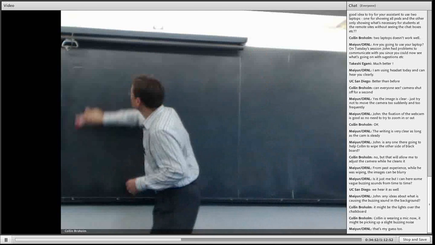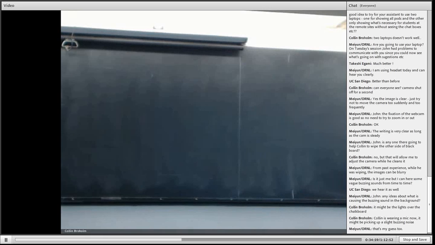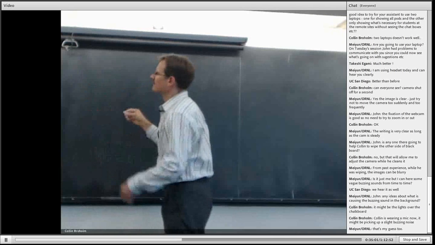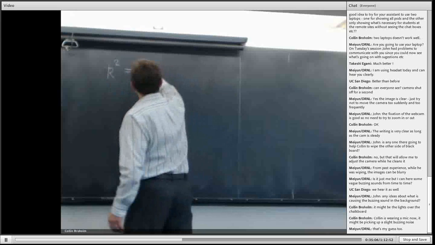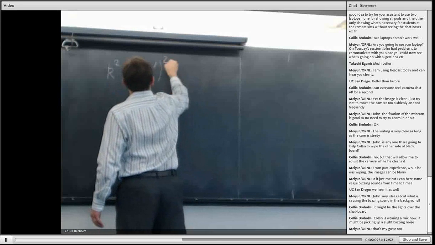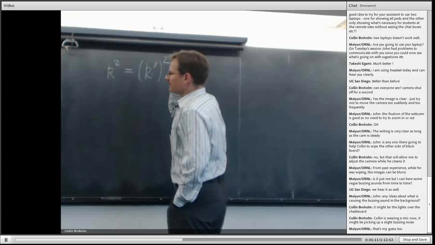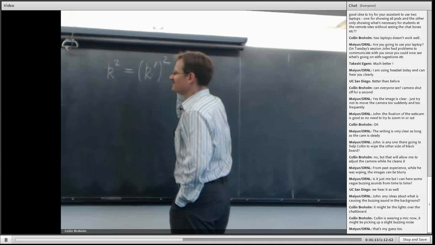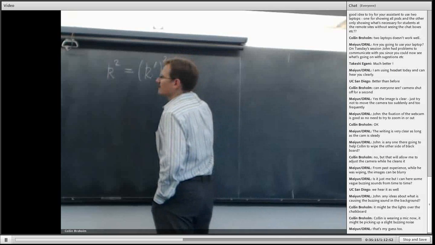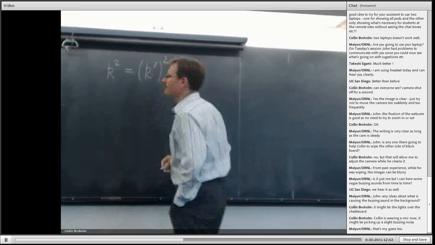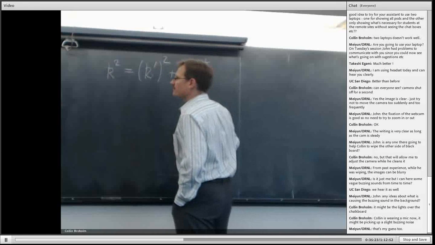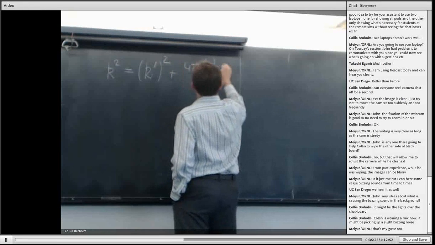Okay, so I can equate these two expressions to each other, and I can multiply by 2m, rearrange things a little bit, and you'll see that it says k squared equals k prime squared. And then I have to be a little careful here, and then it says plus, I think it would be a 4 pi b rho, something like that.